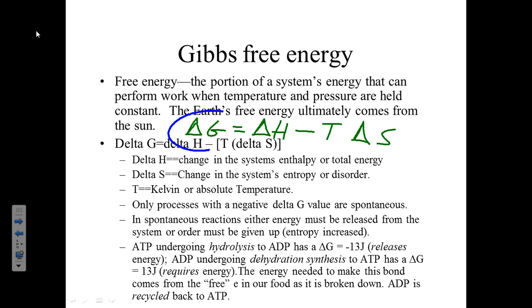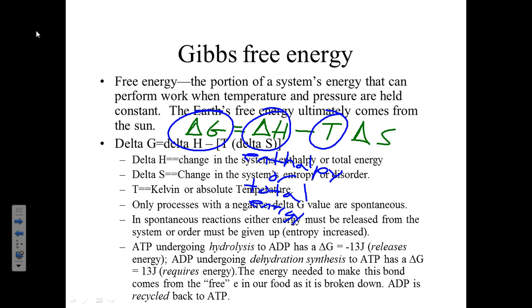Remember, this is Gibbs free energy, the energy available for you to do things with, for you to do work. This delta H is called enthalpy, or sometimes the total energy in the system. Total energy, enthalpy. The T. Whenever we're doing math in biology and temperature is involved, what kind of temperature has it got to be? It's got to be the Kelvin temperature.